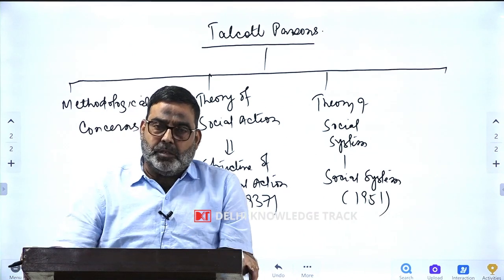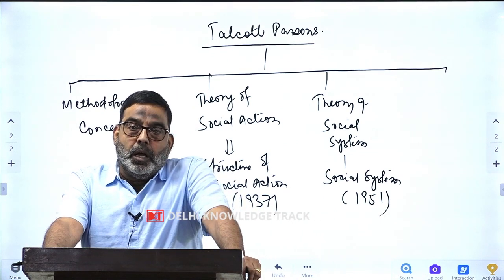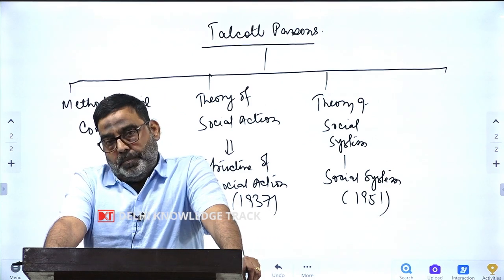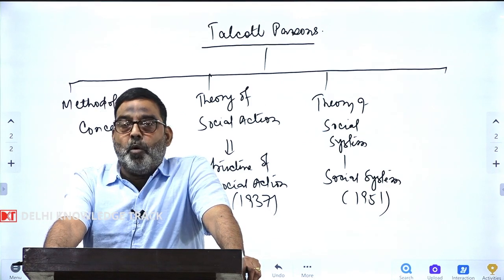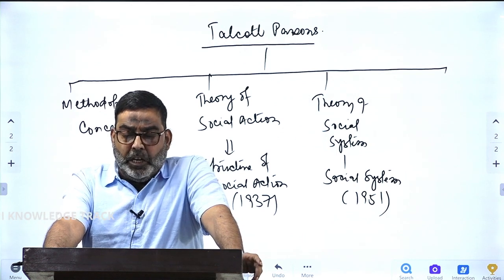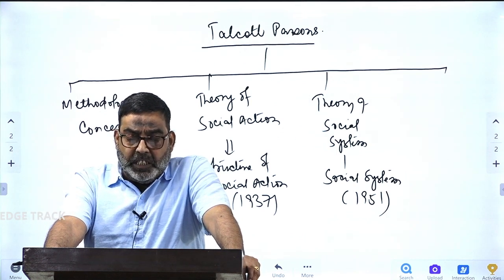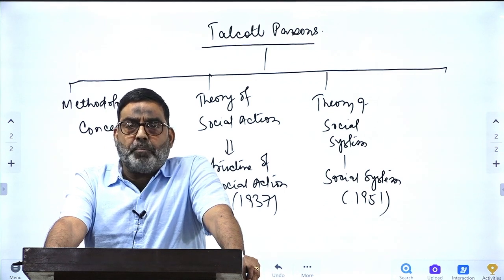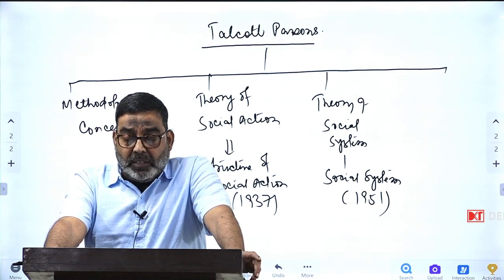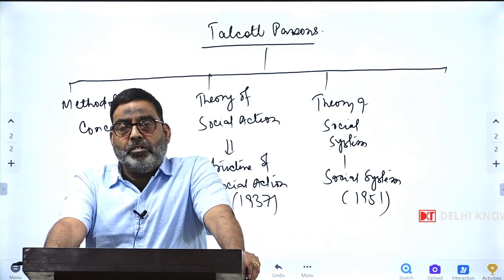And every social system has certain prerequisites. So the moment there are questions of functional prerequisites, you need to talk about the universal typology of action, functional imperative or functional prerequisite.